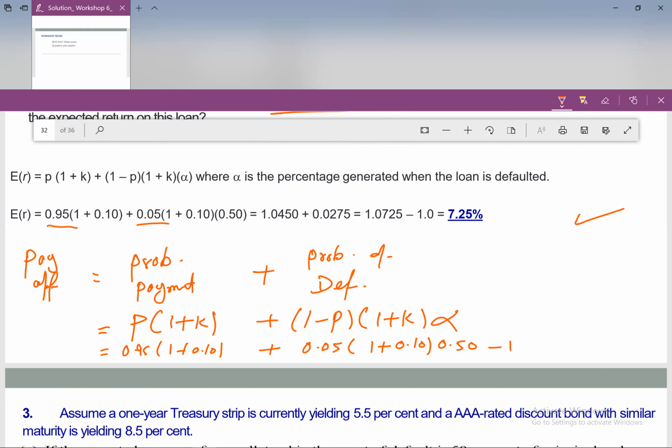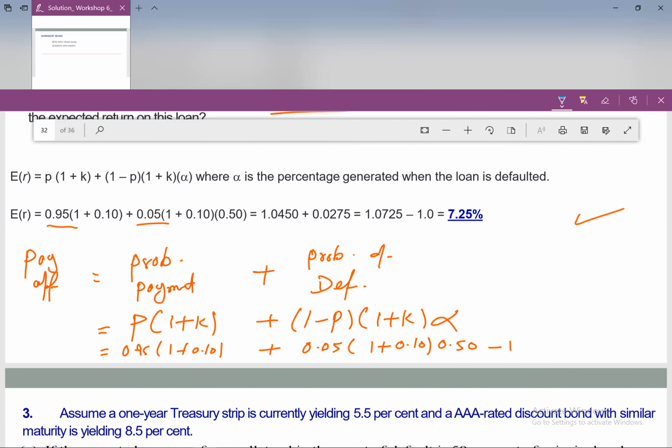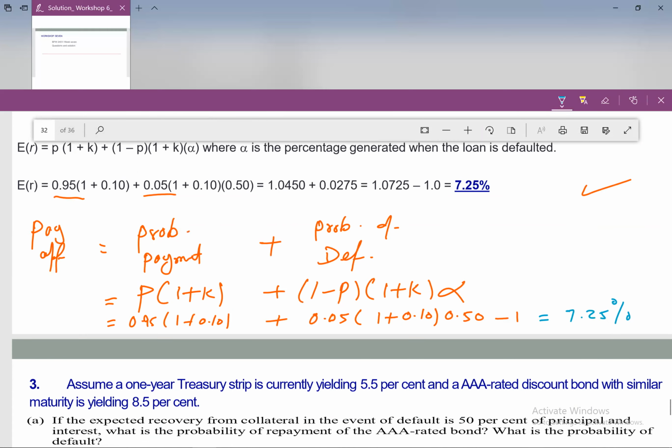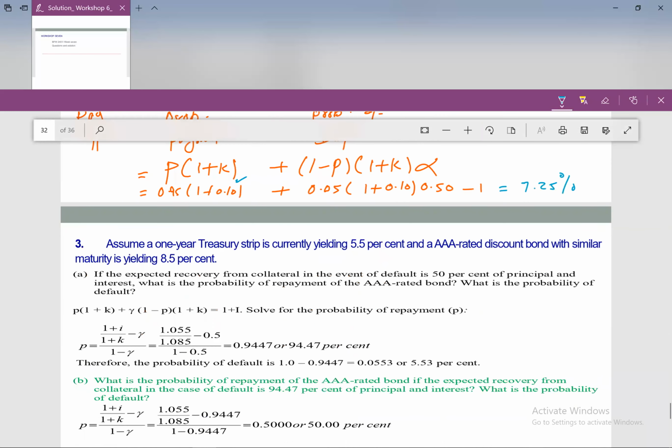So we'll find this to be actually 7.25%. This is how much they charge. They used to charge 10. Actually, what they get is 7.25 because this probability of payment is deducted from both. Okay, this one is nice.